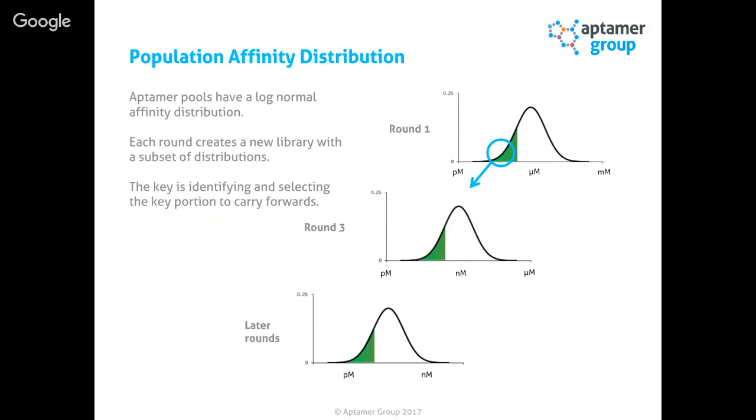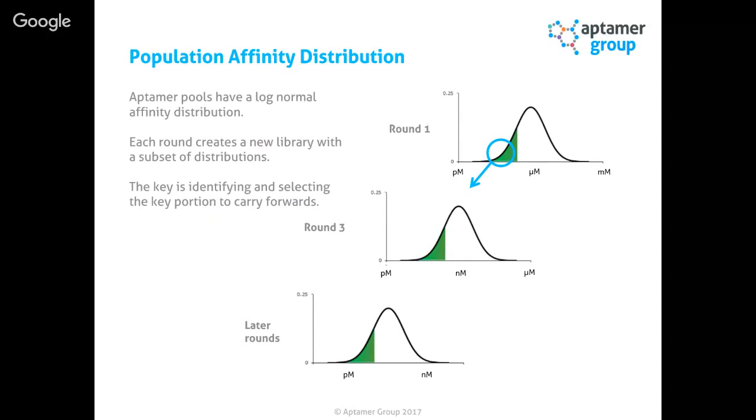What I mean by that is it's very easy, if you don't get the selection conditions right, to carry through a lot of very weak or non-specific interacting Aptamers that would have, in this spectrum, micromolar to millimolar affinity. If you do that, you generally find that you'll outcompete the high affinity Aptamers in the early rounds and they'll be lost from your population.